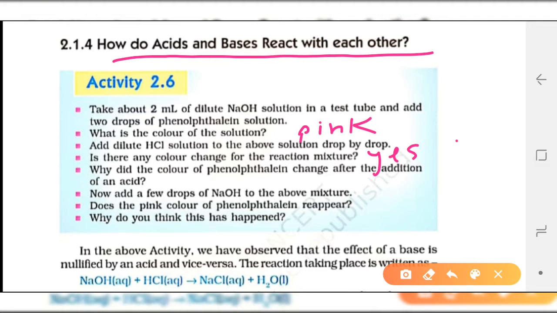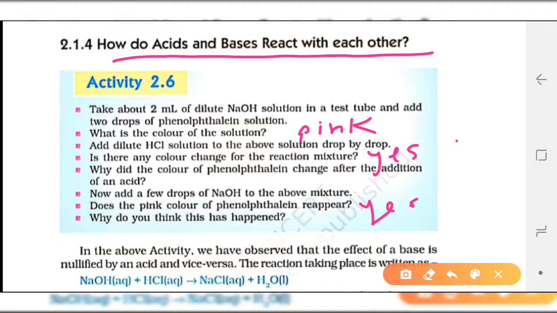Next, now add a few drops of NaOH to the above mixture. Does the pink color of phenolphthalein reappear? Again the answer is yes. When you add a few drops of NaOH to the above mixture, the pink color appears again.